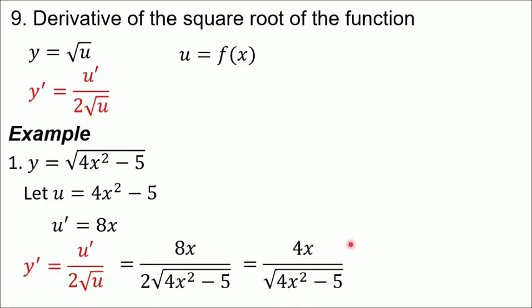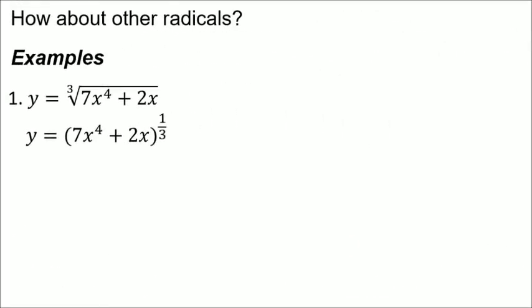Ganyan kapag square root. What if kung other radicals like this cube root? Ano ang ating gagawin kapag ganito yung given? Sigurado hindi na applicable yung formula kanina dun sa square root. So what we will do here is change this into exponential form.